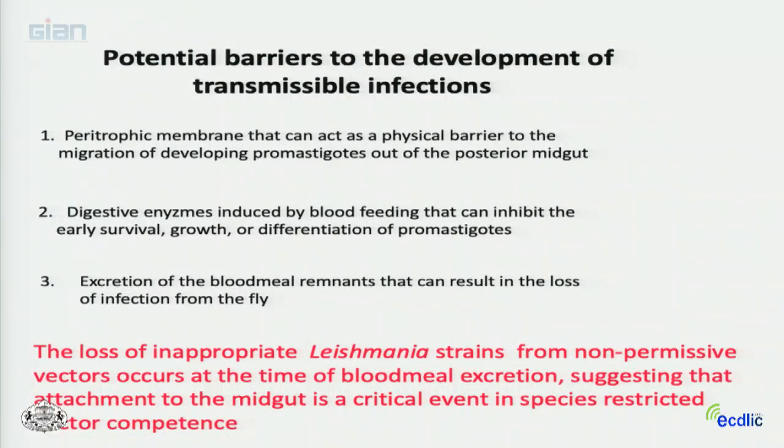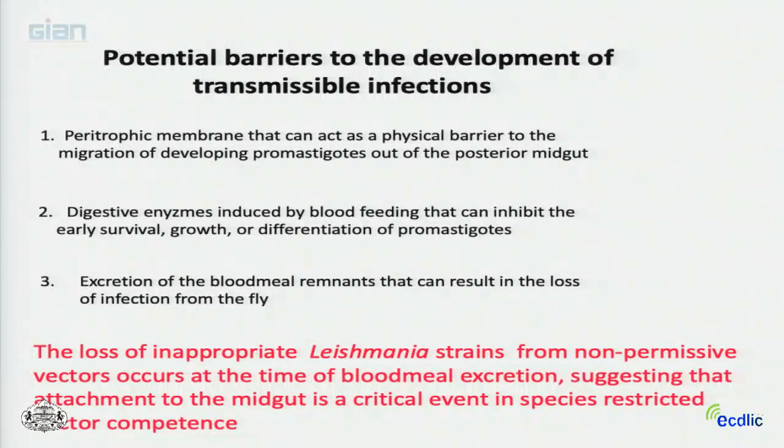What happens if you put another species in there? So I already showed you some of our experimental data. The loss of inappropriate Leishmania strains from non-permissive vectors occurs at the time of blood meal excretion. So the early colonization of the gut seems okay when you put different strains or species in these flies.